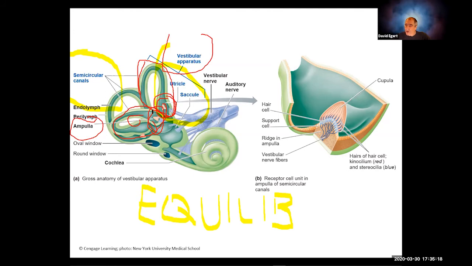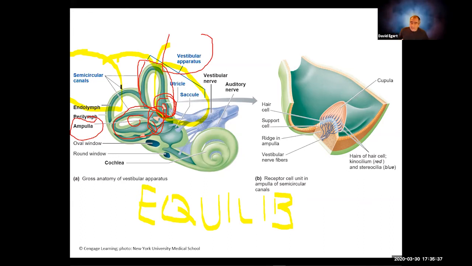Again, even though officially semicircular canals come off of the vestibule, don't get too pedantic about it. Usually people just talk collectively about the vestibular senses: utricle, saccule, semicircular canals.